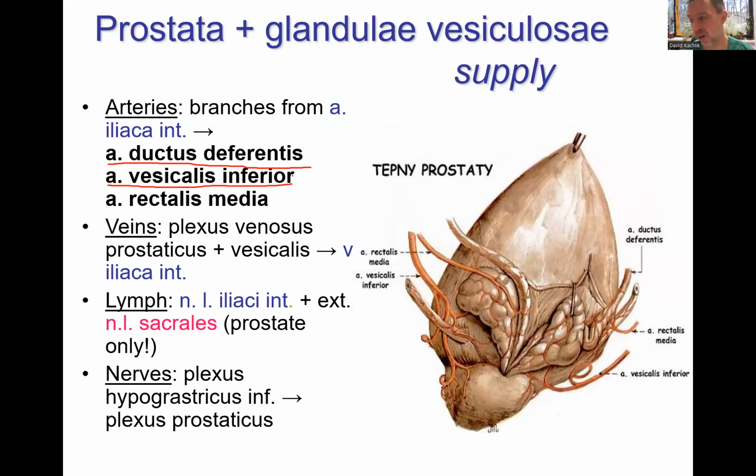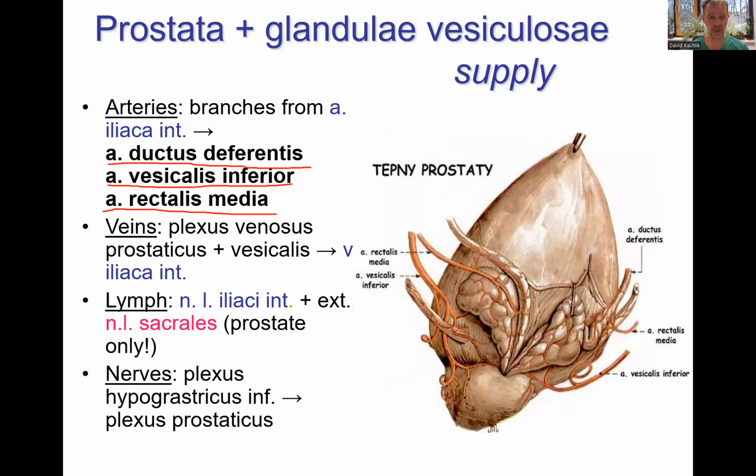And its inferolateral surface is lying on levator ani, which is supplied mainly by the middle rectal artery. The posterior aspect of the prostate is adjacent to the rectum, divided by the rectovesical septum, so it's supplied by the middle rectal artery.